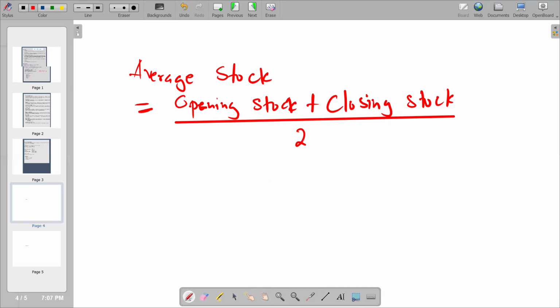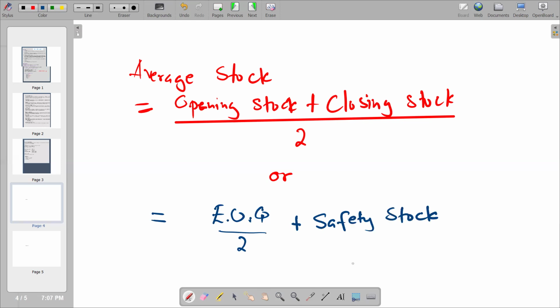We have an alternative formula of calculating this using our order size, or economic order quantity, divided by 2. So this is an alternative formula that you can use to calculate your average stock.